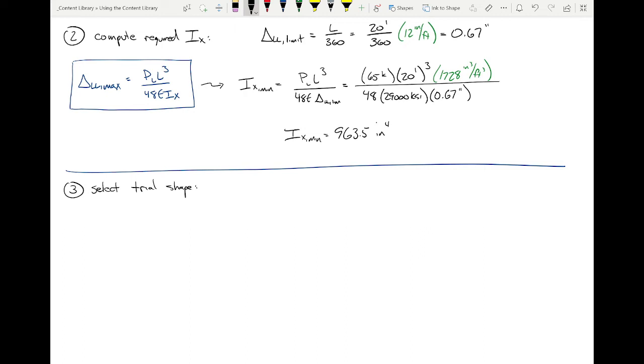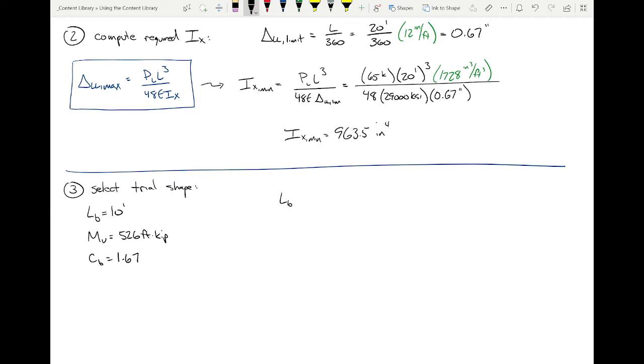So let's select a trial shape. Now, this is going to require a lot of back and forth, so just bear with me, okay? Let's keep in mind what we were given. Lb is 10 feet. Mu is 526. And then Cb is 1.67.